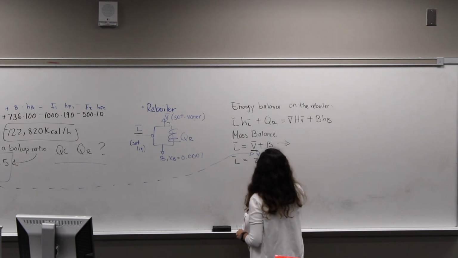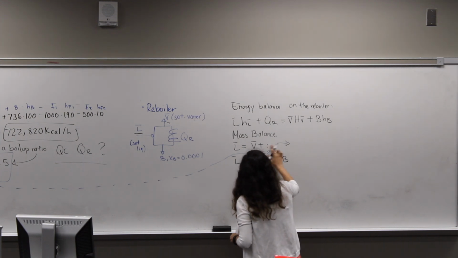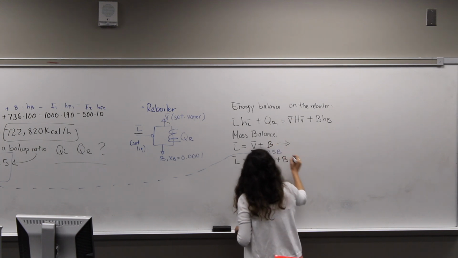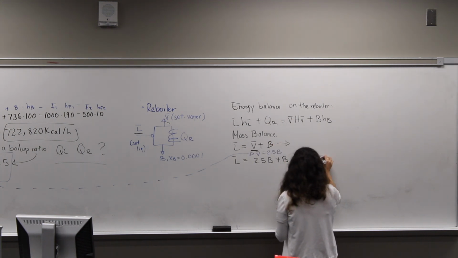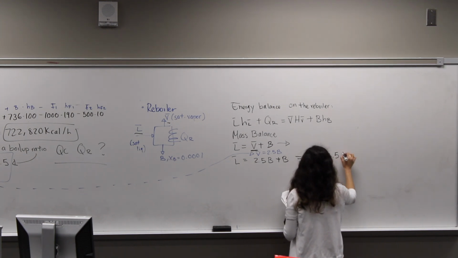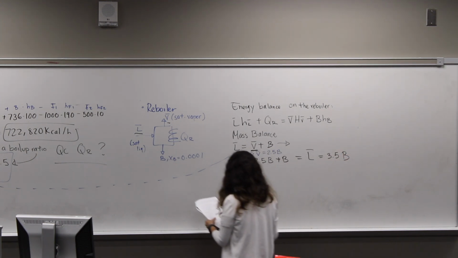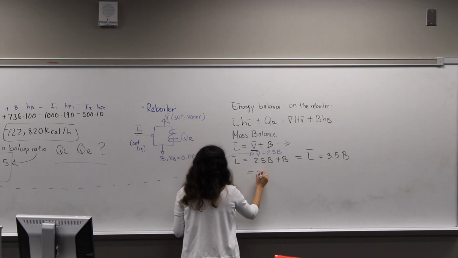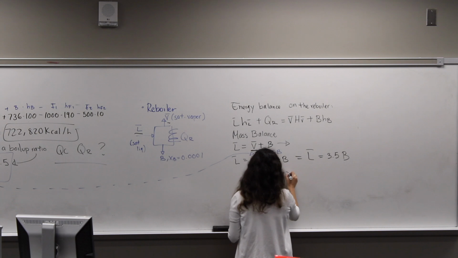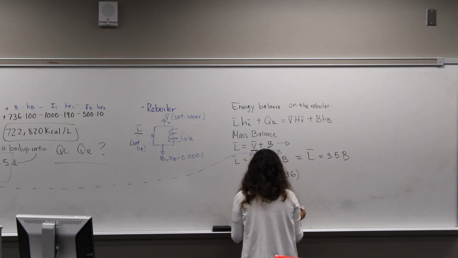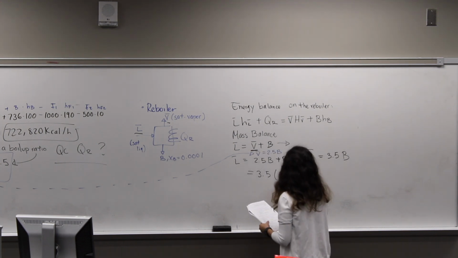Last bit, because we have an extra bit here, the bottom. So we know that the saturated liquid L equals 3.5 B, the bottom. So 3.5 times the flow rate that we calculated for the bottoms in previous questions.